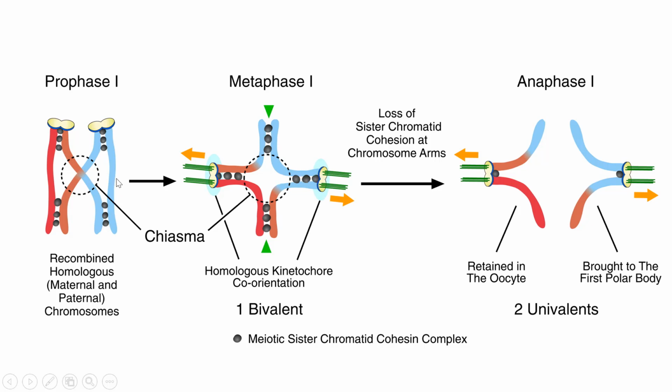So this side at the centromere would have a set of kinetochore microtubules, and on the other side as well you would have a set of kinetochore microtubules. But during meiosis, you actually only have one set of microtubules attached to each chromosome rather than two.